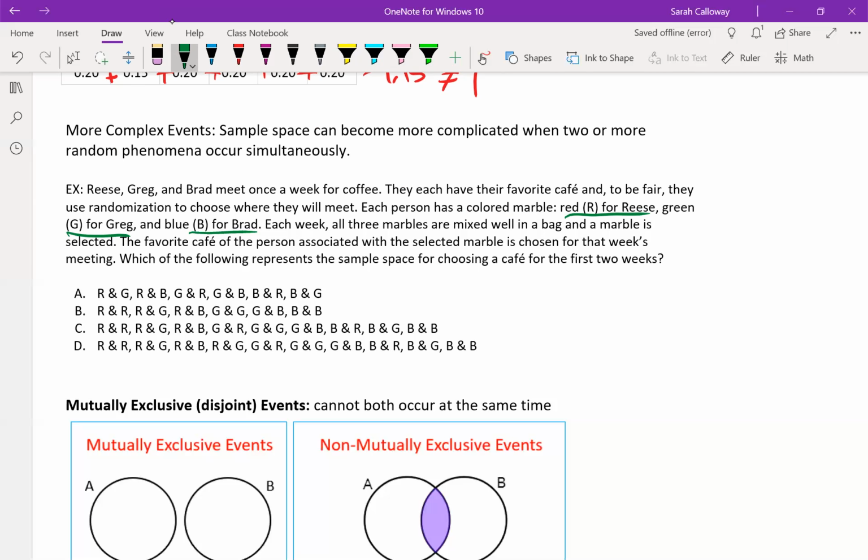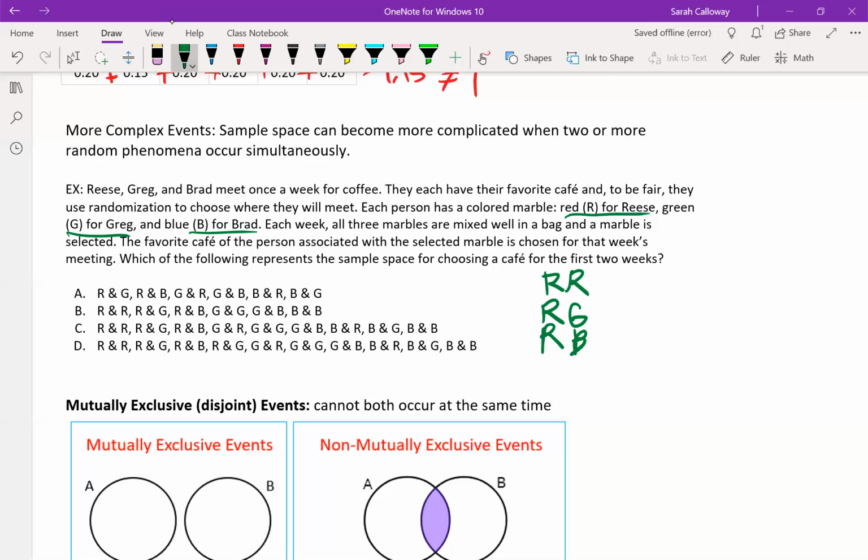So that means that if Reese gets to pick for the first week, Reese could also pick for the second week. Then if Reese picks the first week, the other 2 options are that Greg could pick the second week or that Brad could pick the second week. Okay, so those are all the options in terms of Reese being able to pick first.